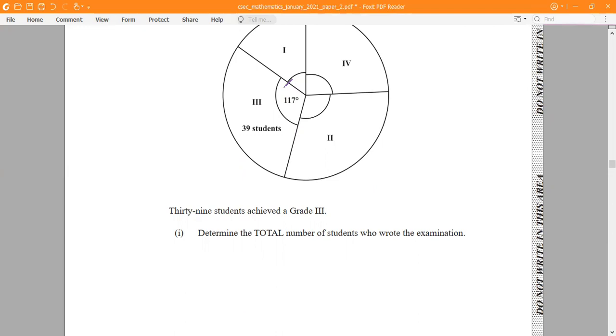So 117 degrees is the amount of degrees in this sector, which also represents 39 students. So the fraction of the whole circle is 117 over 360, because a whole circle has 360 degrees. So 117 over 360 of the total number of students, let's call it n, is equal to 39.